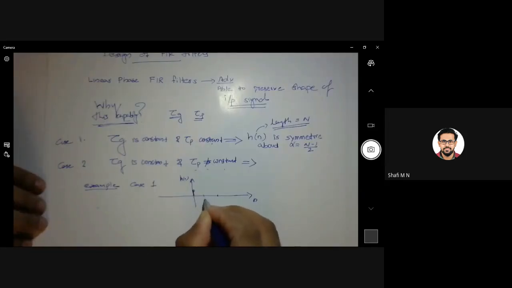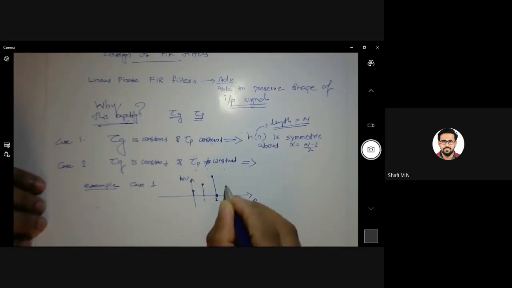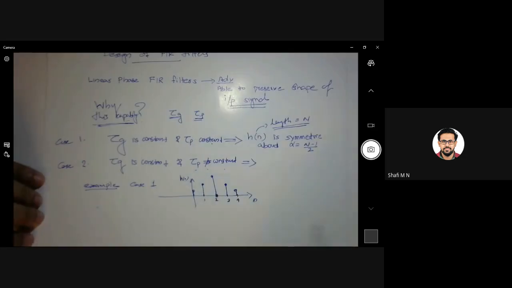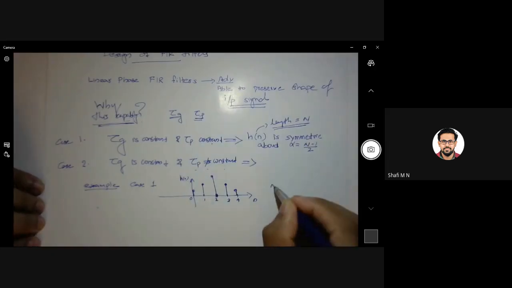Then h(1) let it be 2, the second element let it be 3, then the third element and fourth element. Then definitely the impulse response will be like this. What is the length here? 0, 1, 2, 3, 4. You have 5 elements, so capital N is equal to 5.